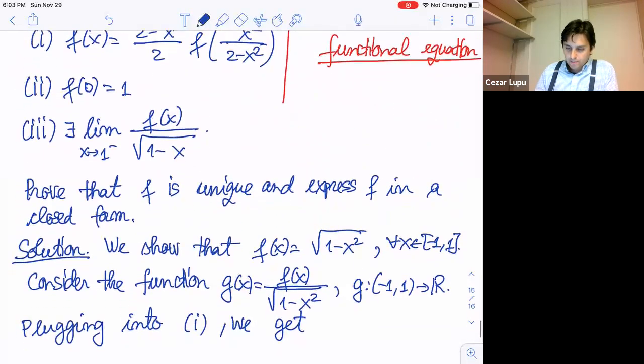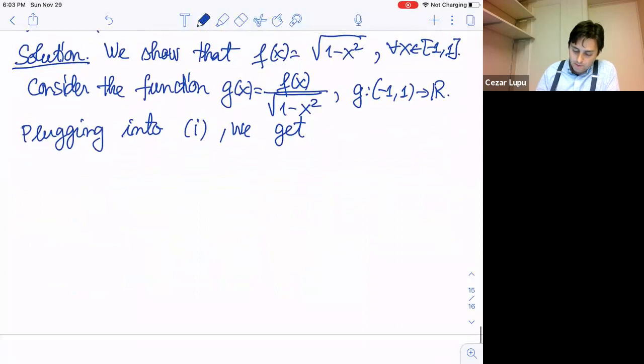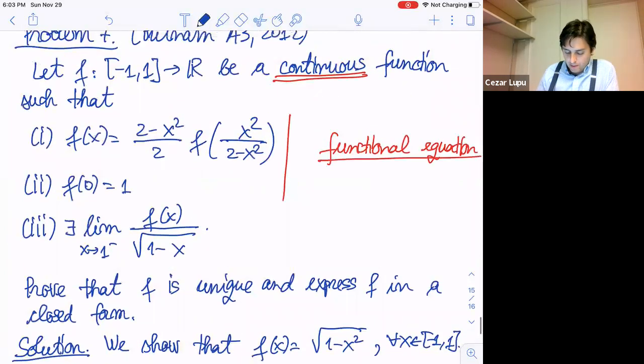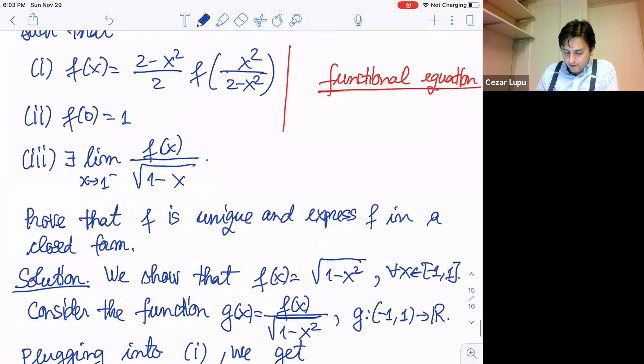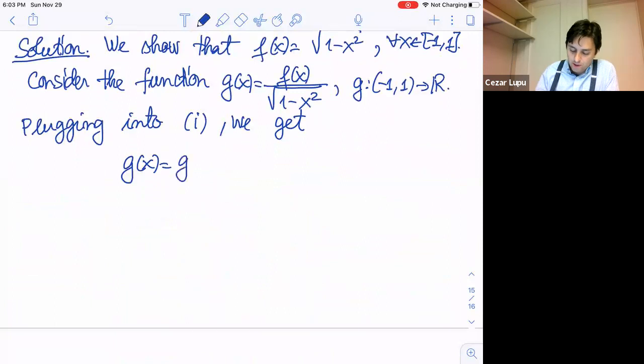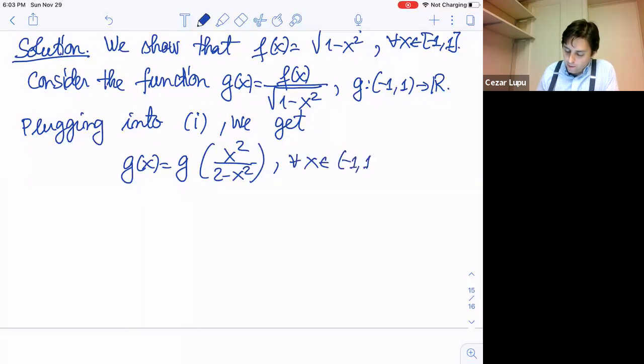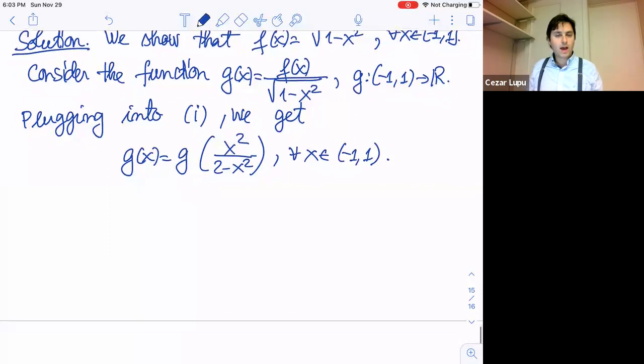So we get that g of x is g of x squared over 2 minus x squared for all x in the open interval -1, 1. All right, so we have this.